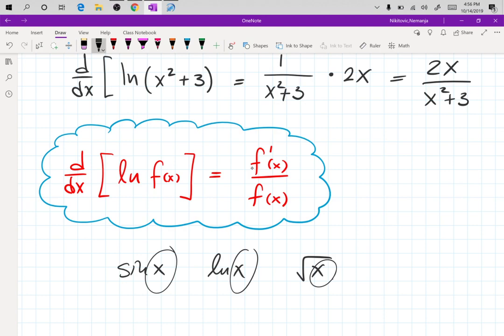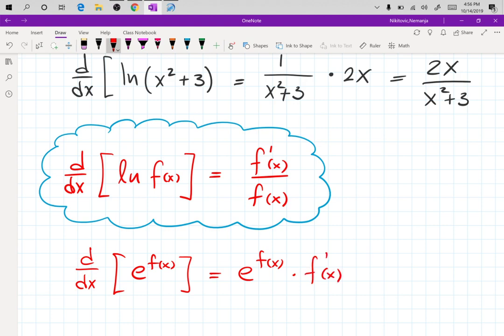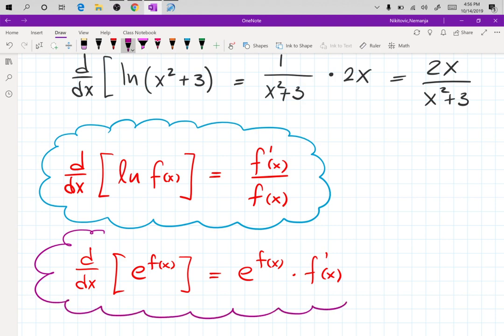So it's the derivative of the argument divided by the argument. It's very simple. You have similar stuff for e to the x. The derivative of e to the f of x is e to the f of x times f prime of x. That's another one of these really cool formulas that you memorize so you don't have to mess with the chain rule. Whatever the function is, it gets copied times the derivative of that function.